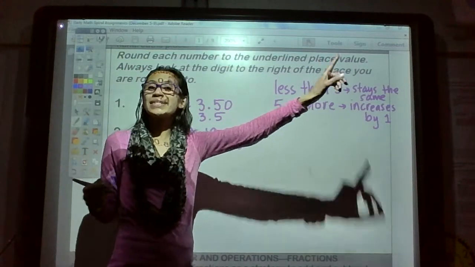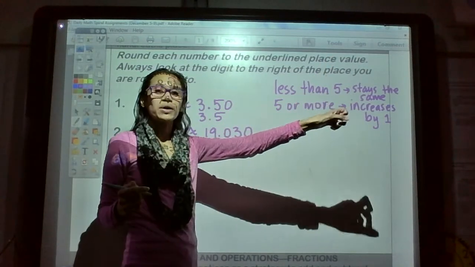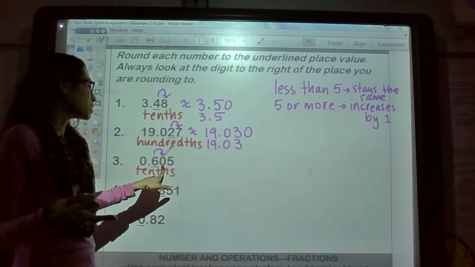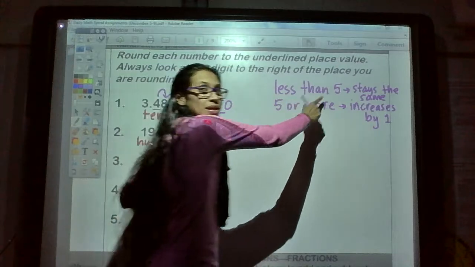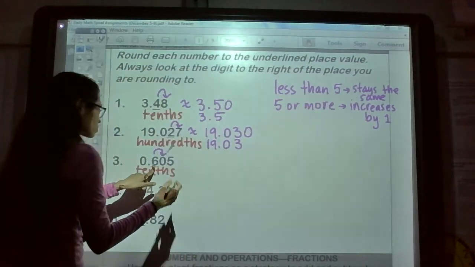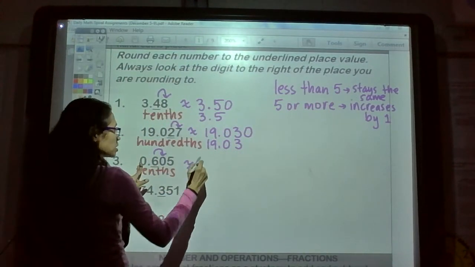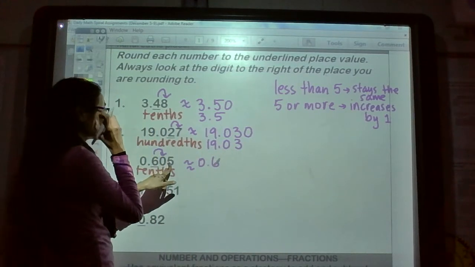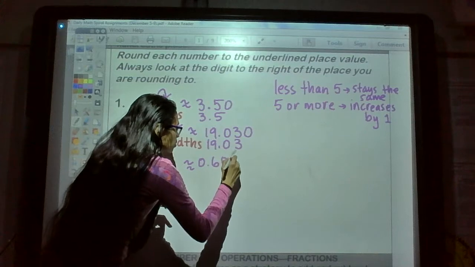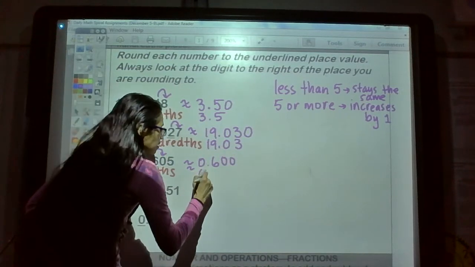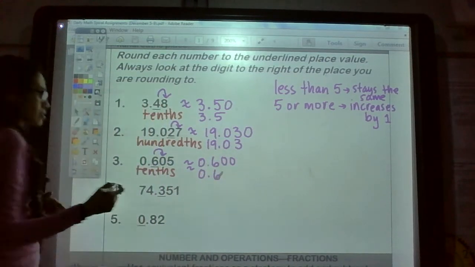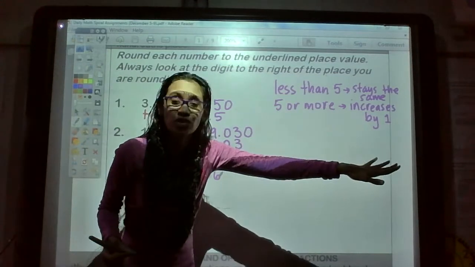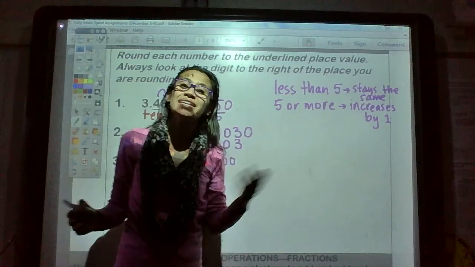Is that 0 less than 5 or is it 5 or more? That 0 is less than 5, which means that 6 stays the same. So here we have 0 as a whole, and that 6 stays the same, and the rest become zeros. Or you can write 0 and 6 tenths, because these are equal. Remember, you can write like 100 zeros at the end of that. It'll still make it equal the same.